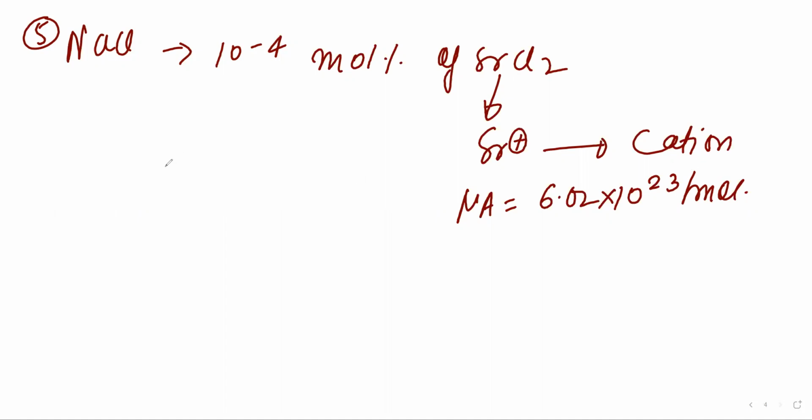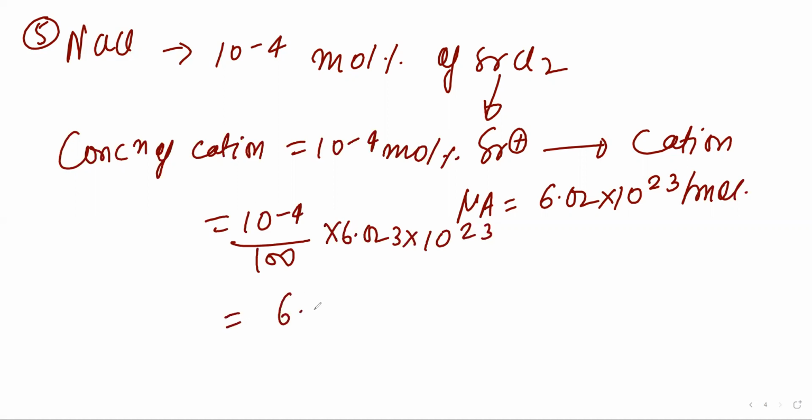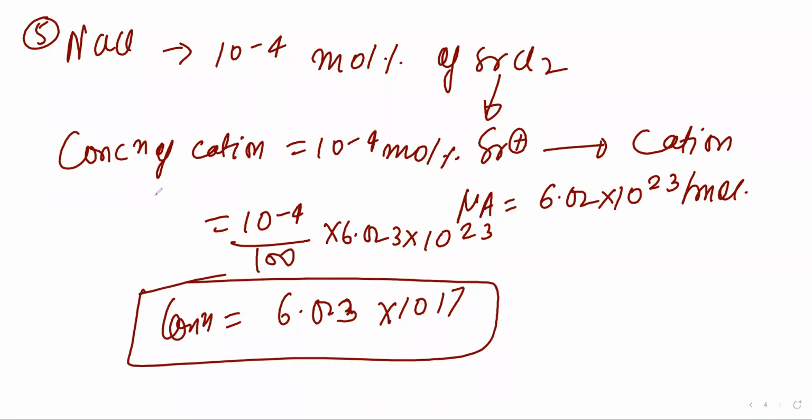As strontium ion introduces one cation vacancy, the concentration of cation vacancies will be 10 raised to minus 4 divided by 100 into 6.023 times 10 raised to 23, which comes out to be 6.023 times 10 raised to 17. Very simple question.